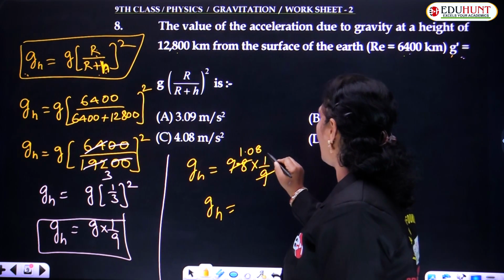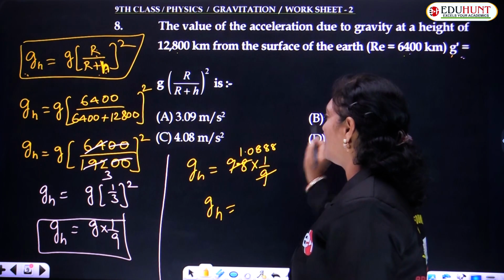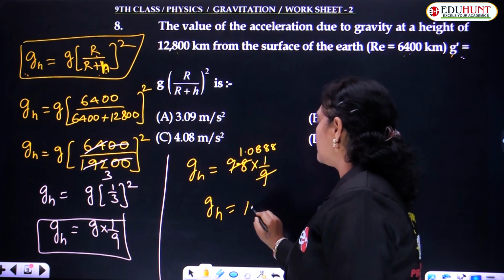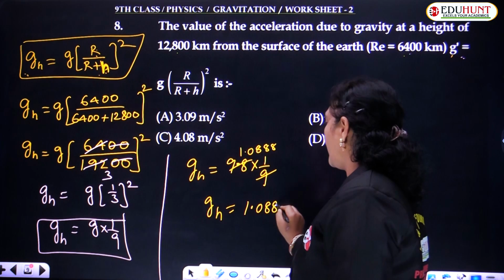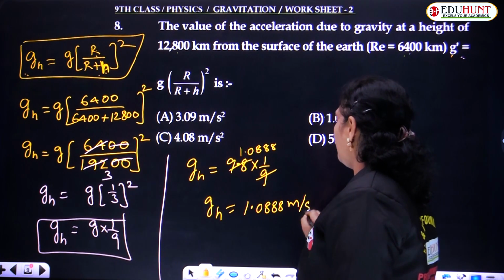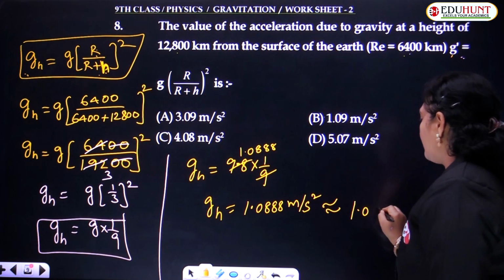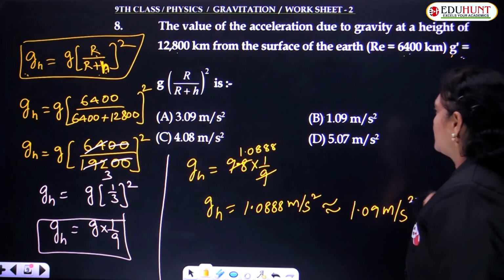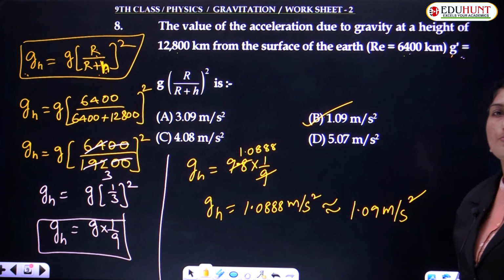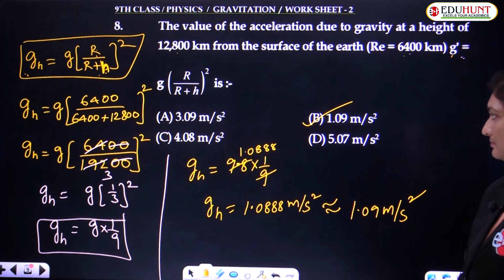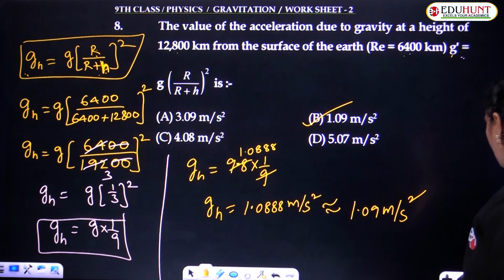So something like 1.088 and so on you'll be getting, in meter per second square. Approximately, if you round this off, you'll get 1.09 meter per second square, and the correct option is option B. Clear? Simple formula and simple application.